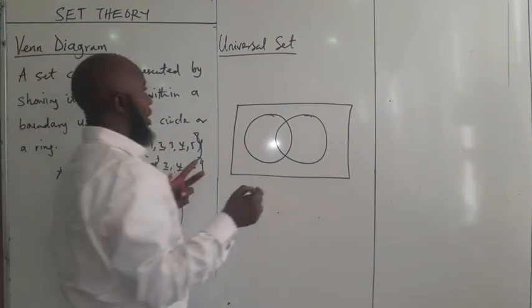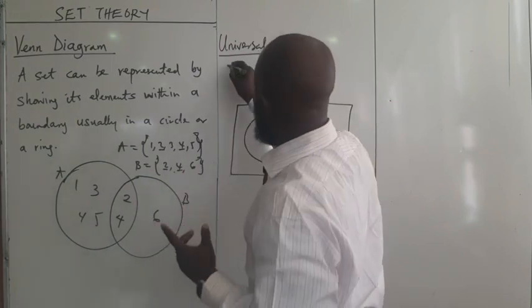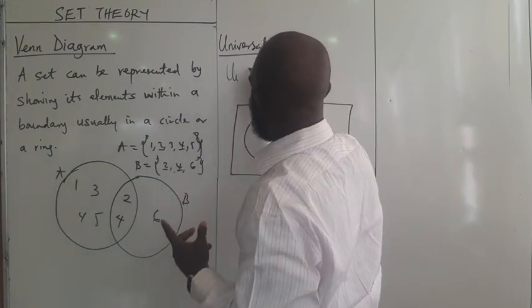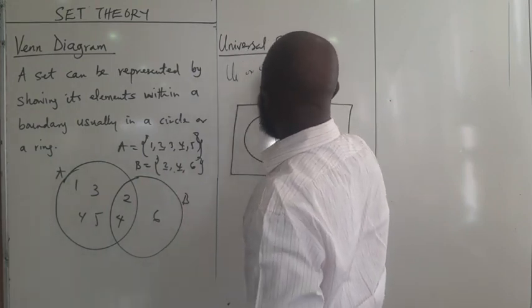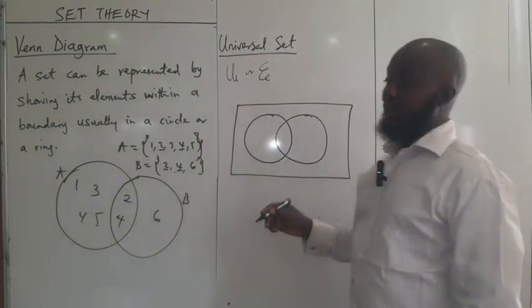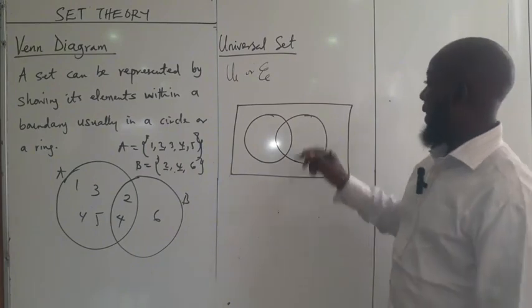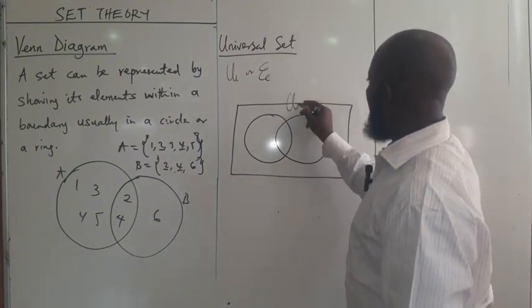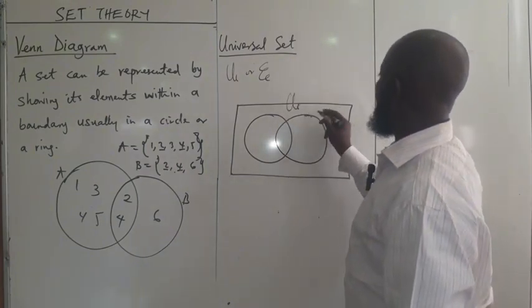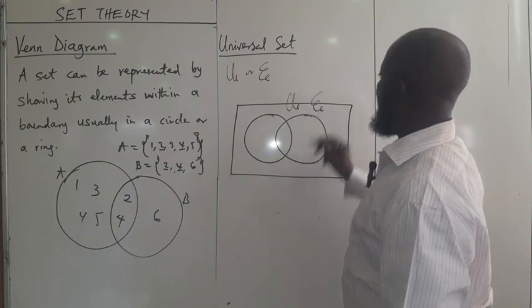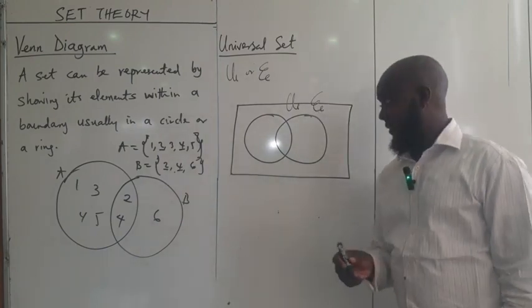Either you make use of this or you make use of something like it. This all refers to the universal set, and that will be written on this side. I hope that is very clear.